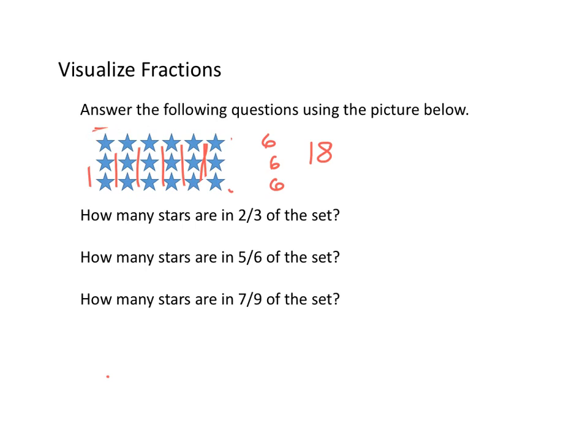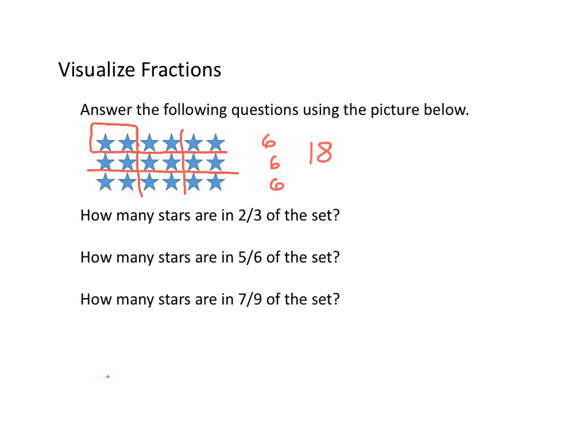How many stars are in 7/9 of the set? Okay, this is going to be a little bit more challenging. So we need to divide this into 9 parts. Let's see, if we go back and divide it by threes this way, so now we have those in thirds, and we divide each of those into threes. Let's count those up. I think we have 9 sets that are this big. 1, 2, 3, 4, 5, 6, 7, 8, 9.